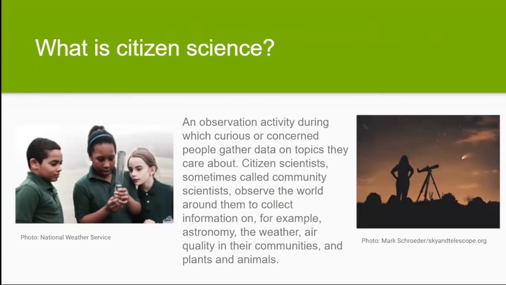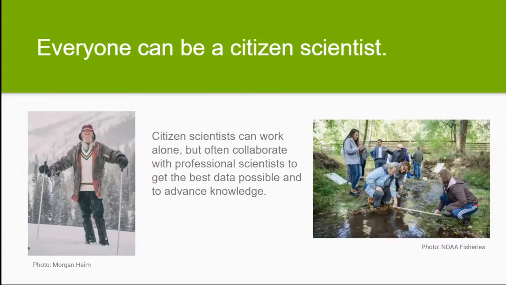Citizen scientists, who are sometimes also called community scientists, observe the world around them and collect information on the weather, air quality, water quality, plants and animals. And iNaturalist is a very powerful citizen science platform that can help us take our individual observations and share them with the world in a way such that professional scientists and the whole world can benefit from those observations.